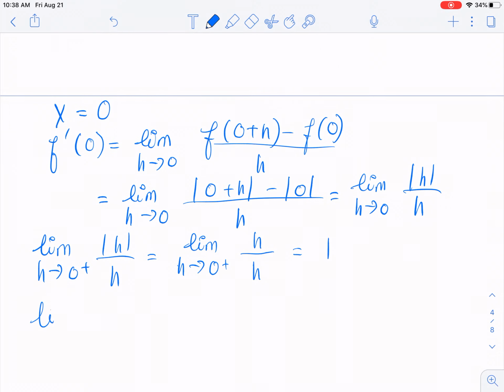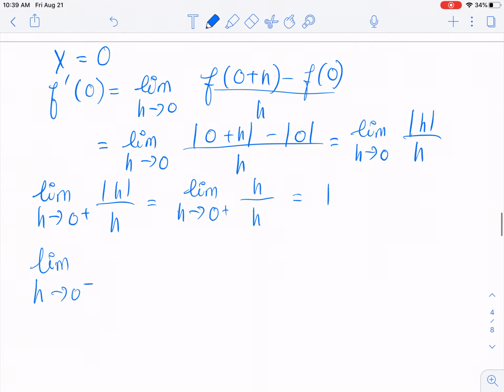Now if you look from the left, as h approaches 0 from the left, it's the absolute value of h over h, which is negative h over h, and that turns out to be negative 1.